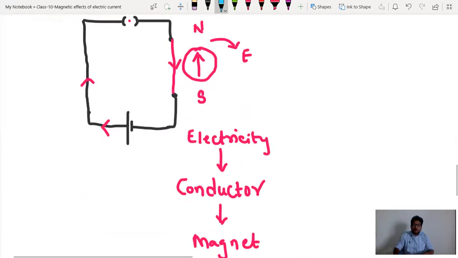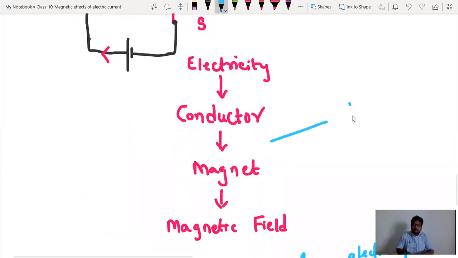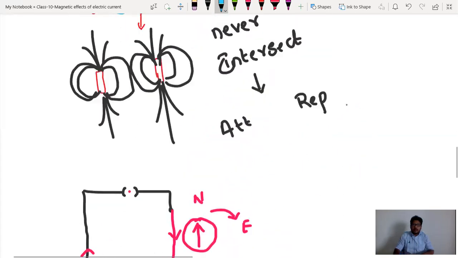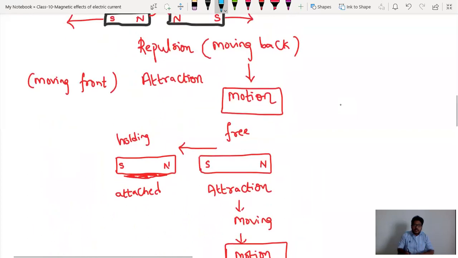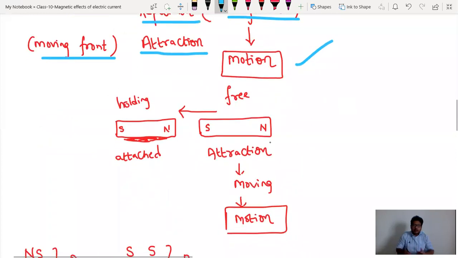So first concept, this. Second concept is this. Coming to the third concept, either attraction or repulsion, it will move back or it will move front. Simply to say there will be motion. So whenever you hear about attraction or repulsion or deflection, there will be motion. So when two magnets are placed near to each other, there will be motion.